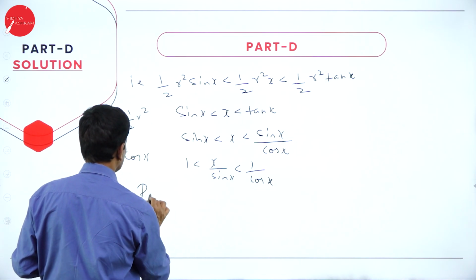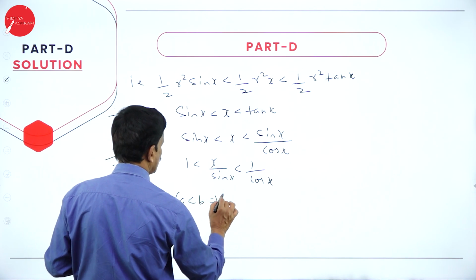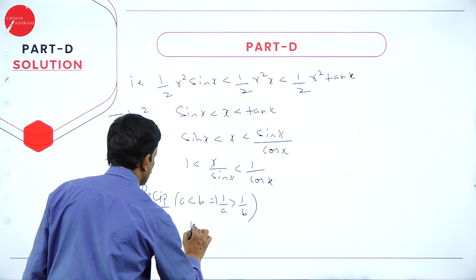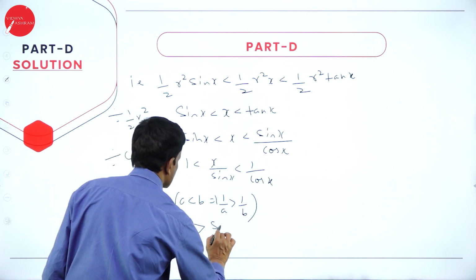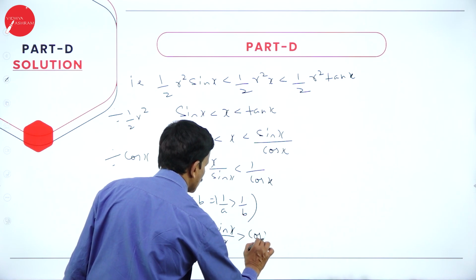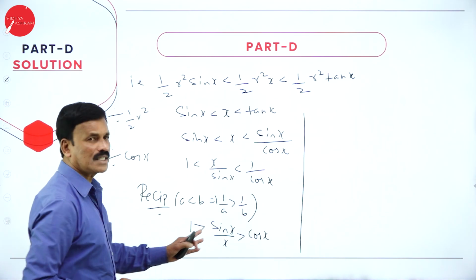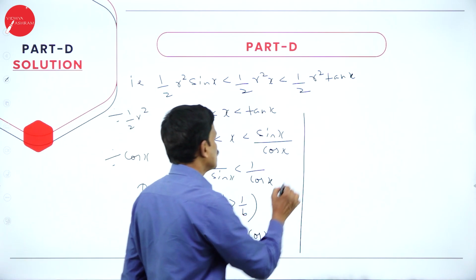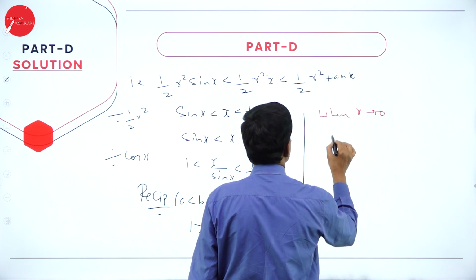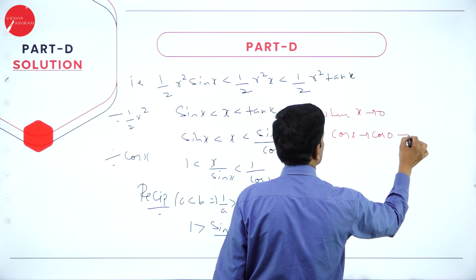Now reciprocate it. You know, A less than B implies 1 over A is greater than 1 over B. So if you reciprocate, 1 is greater than sin x by x, which is greater than cos x. Now when x tends to 0, cos x tends to cos 0, which is 1.